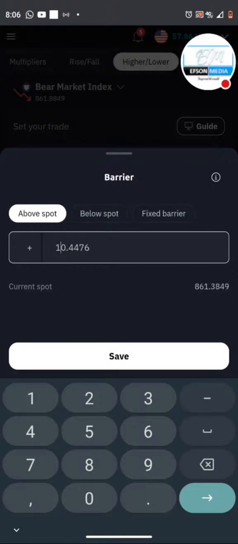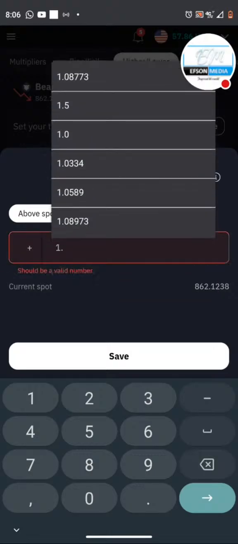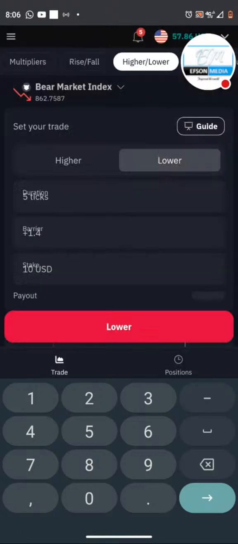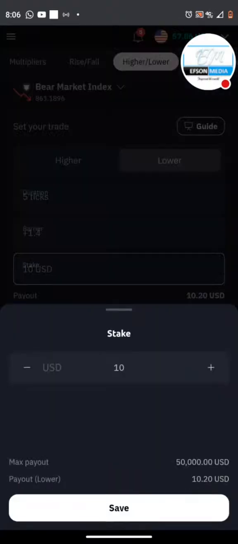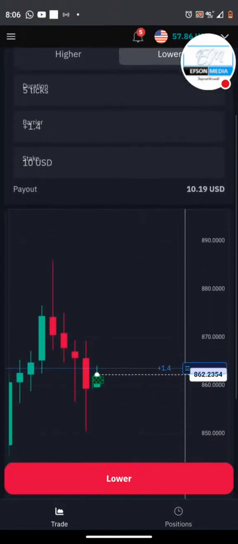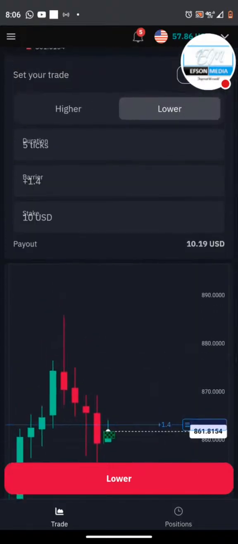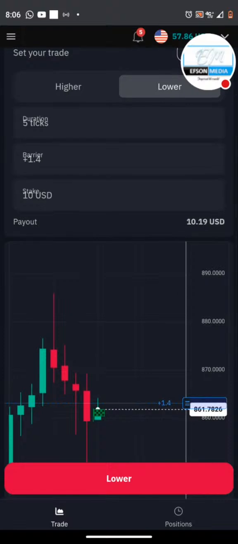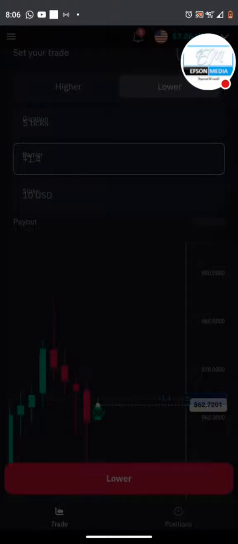So we always check whether the barrier is set to where you want. Then you save it. You choose the amount you want to enter the market with. Let's say it's $10. $10, you'll be getting 19 cents per each trade, based on the barrier you set.